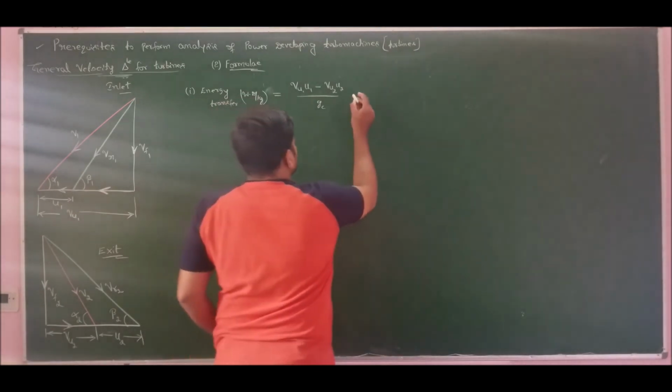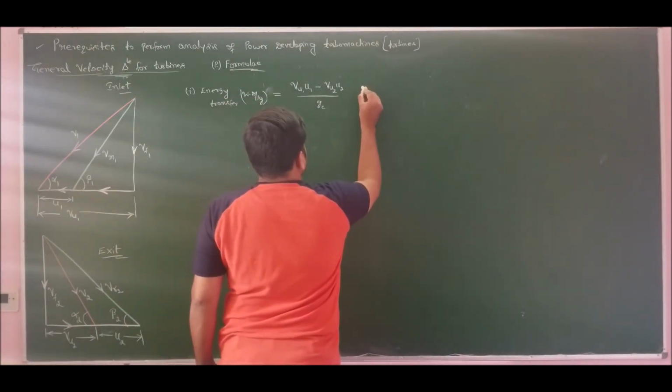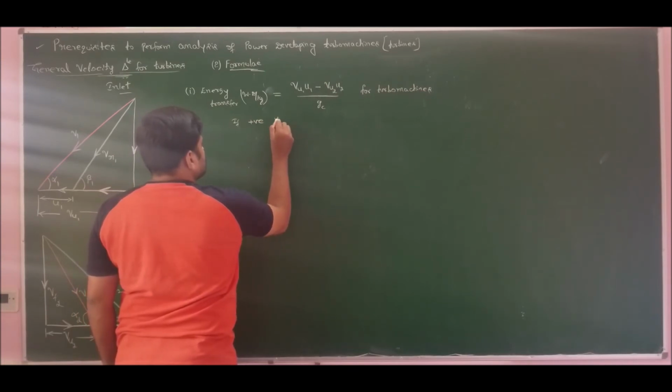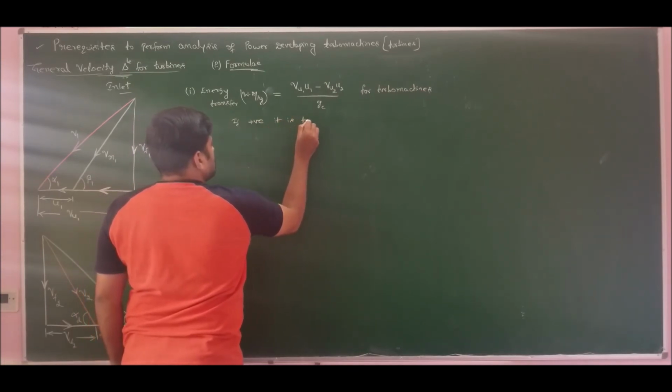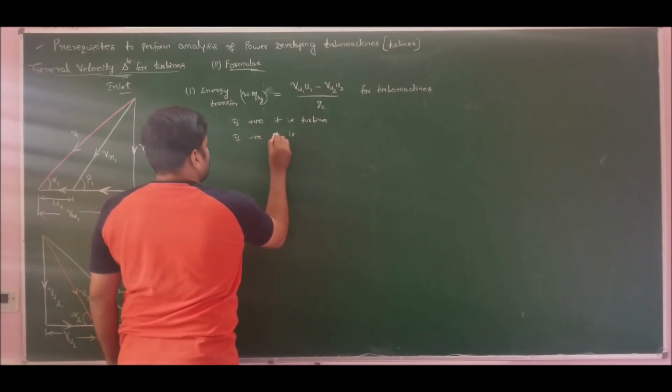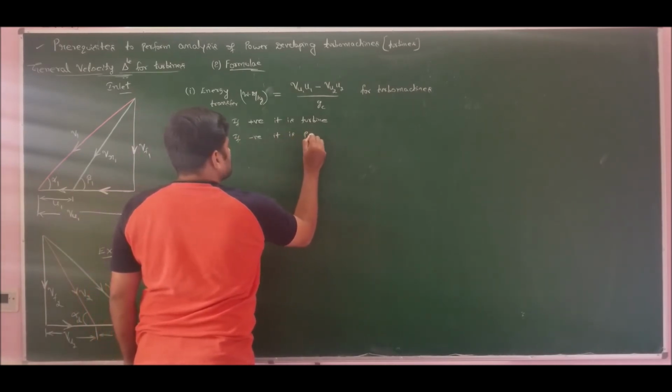So this is used for turbo machines. If you get a positive answer, then it is a turbine. If you get a negative answer, then it is a power absorber, pump or compressor.